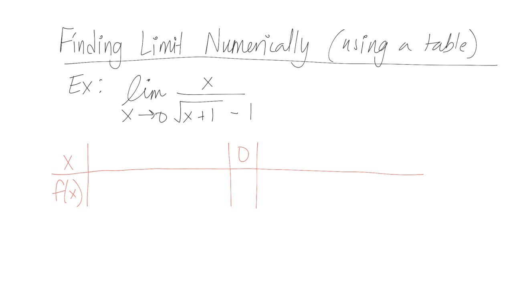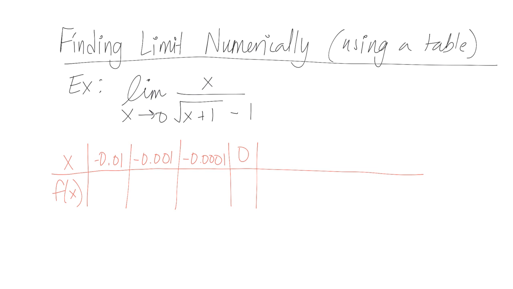All right, so I'm going to get closer and closer to 0 on both sides. So I'm going to start off here as negative 0.01 for x. Then I want to get even closer, so I'll do negative 0.001. Then I want to get even closer than that, negative 0.0001.